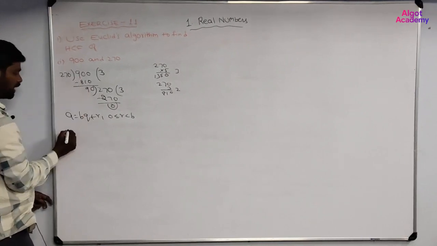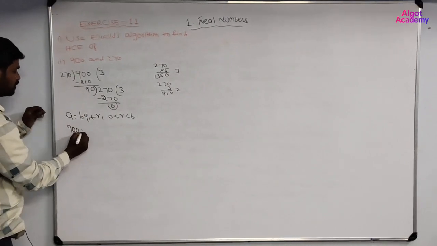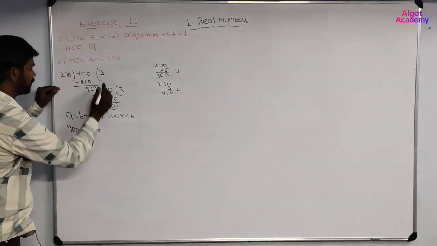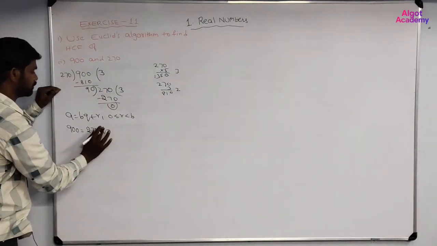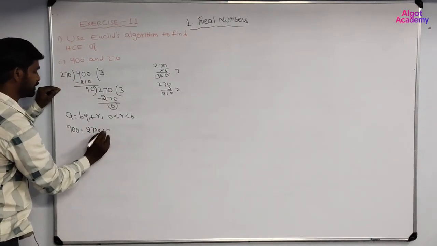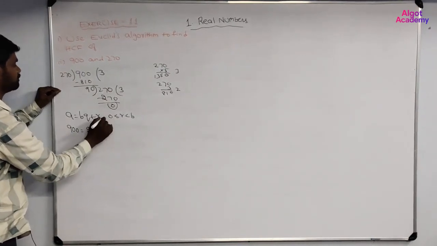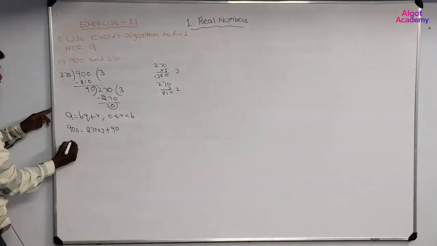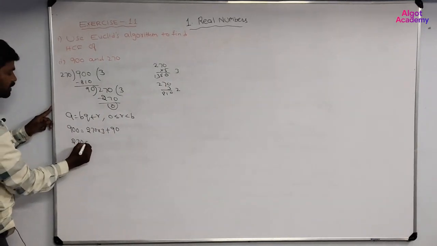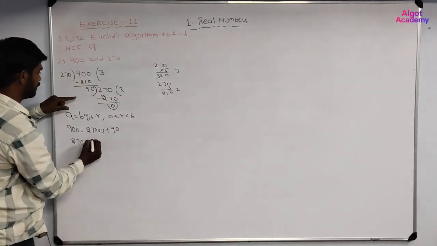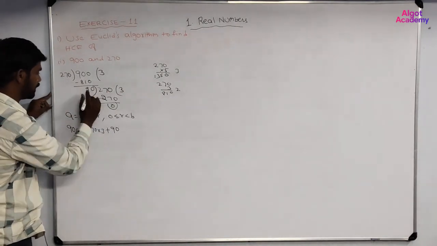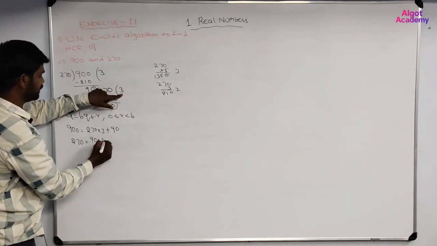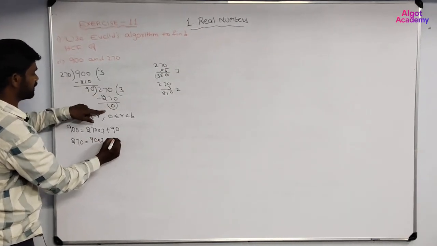What is the A value? 900 is equal to B, 270, into Q, which is 3, plus R. What is R? R is 90. Next, A is 270, which is equal to B, 90, into 3, plus the remainder 0.